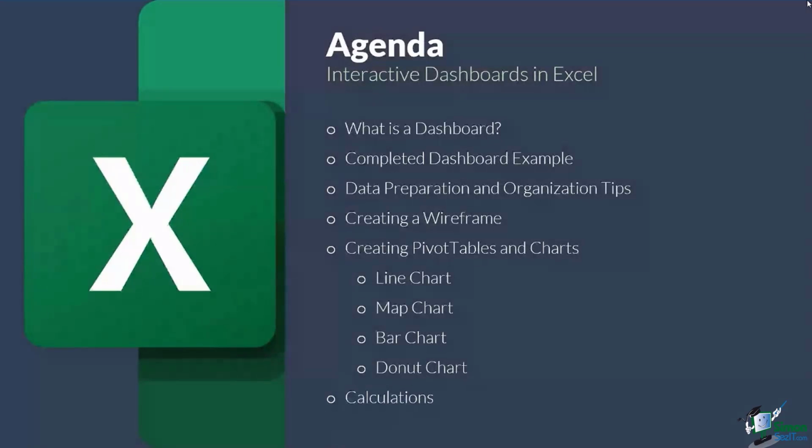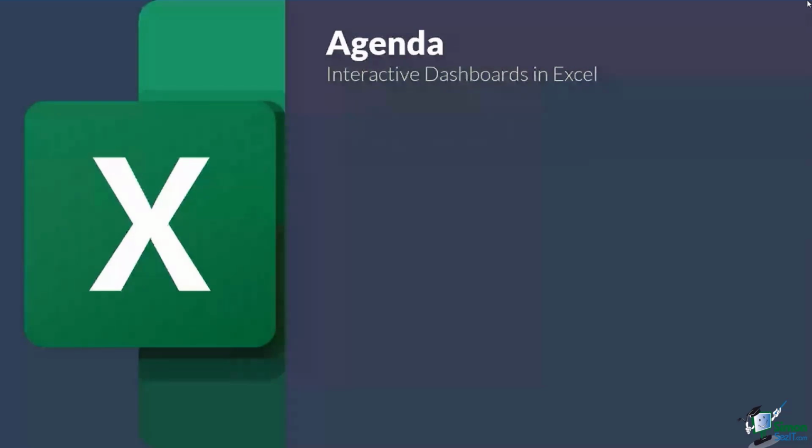We're going to create ourselves a line chart, a map chart, a bar chart, and a donut chart. I'm also going to show you how you can incorporate calculations using formulas onto your dashboard as well. So you can sort of really see the potential and the flexibility that you have when you're creating dashboards in Excel.